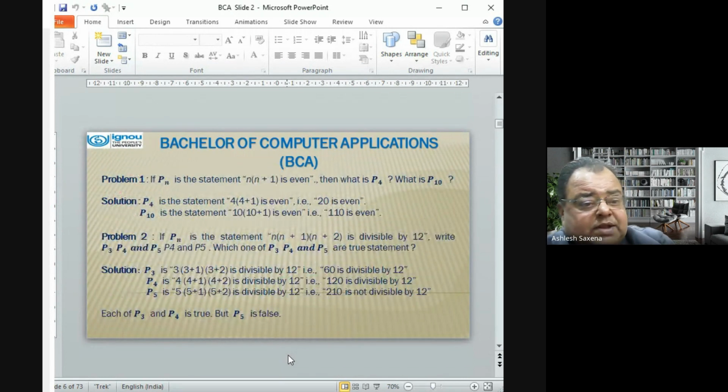Now, simple example. If Pn is the statement, n into n plus 1 is even, then what is P4? Replace n by 4.